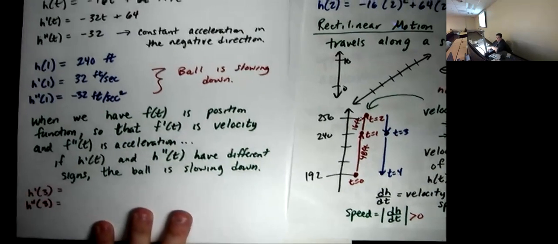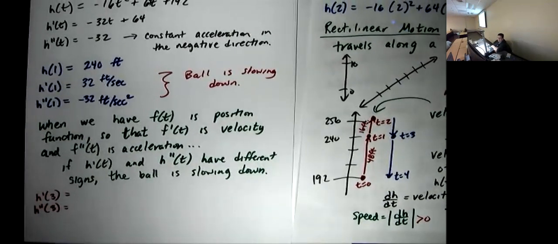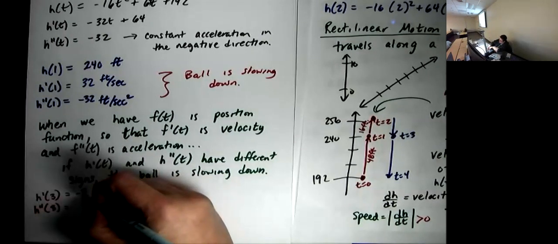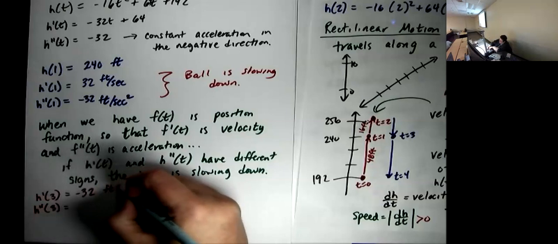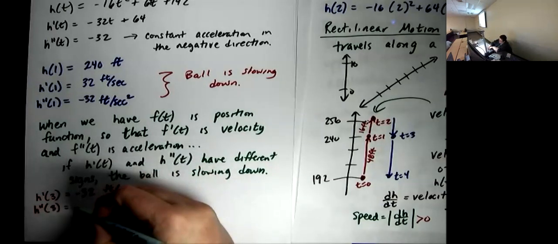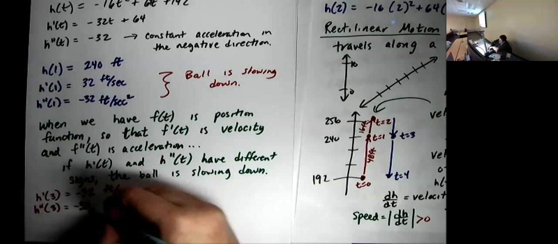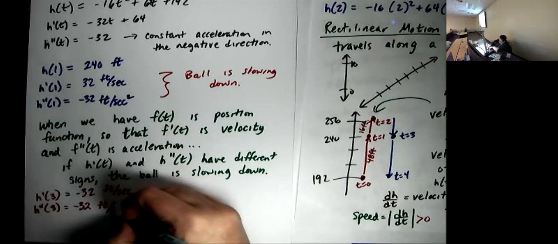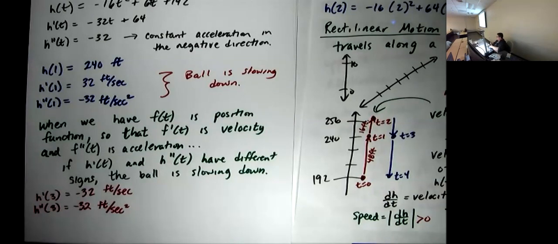At t equals 3, negative 32 times 3 is negative 96, plus 64. h prime is negative 32 feet per second. And h double prime is also negative 32 feet per second squared this time. I almost did the same error again.